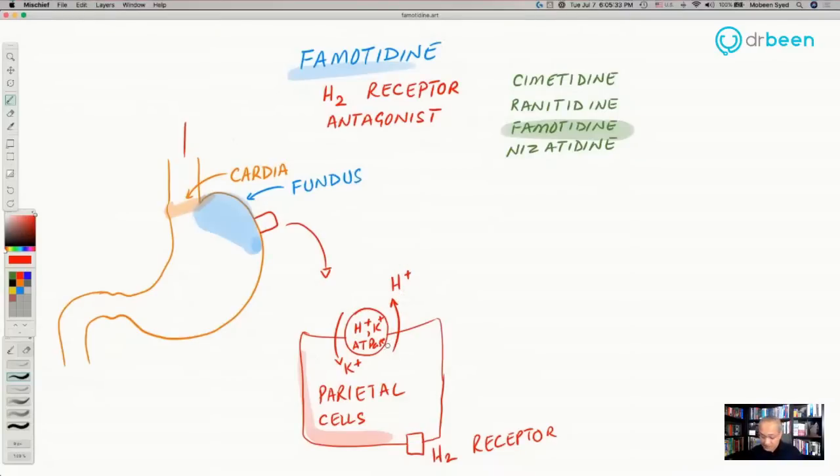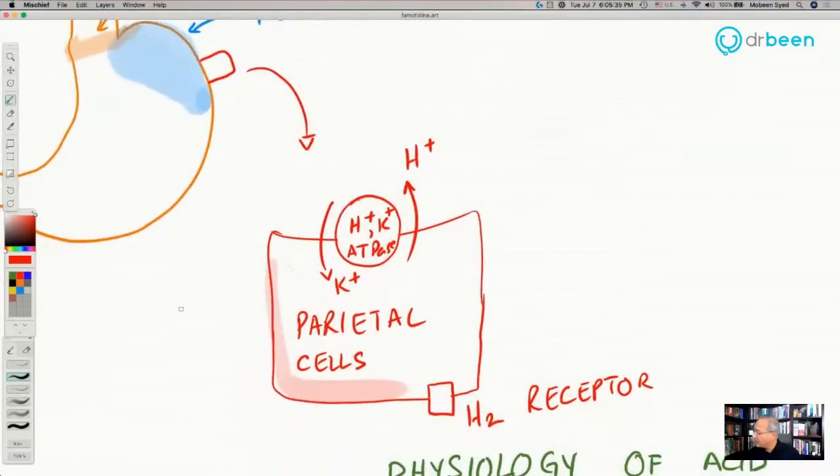This is very important to keep in mind: this is an ATPase pump. What does that mean? This is a protein that uses energy, ATP, and in turn moves the hydrogen ion outside and pulls the potassium ion inside. That is the exchange it does: it brings one positive in and puts one positive out. So that is a parietal cell and how it works.